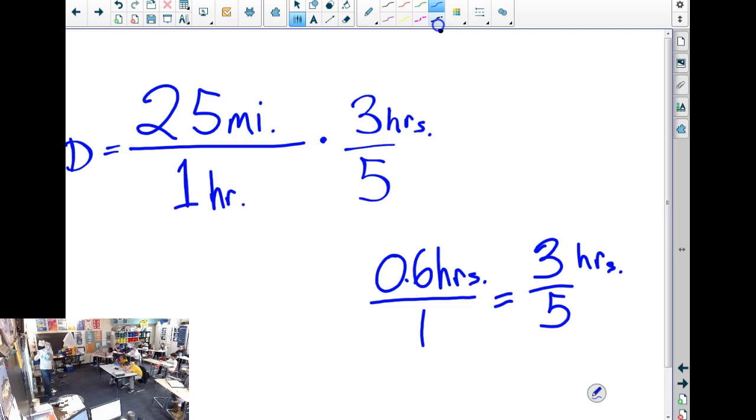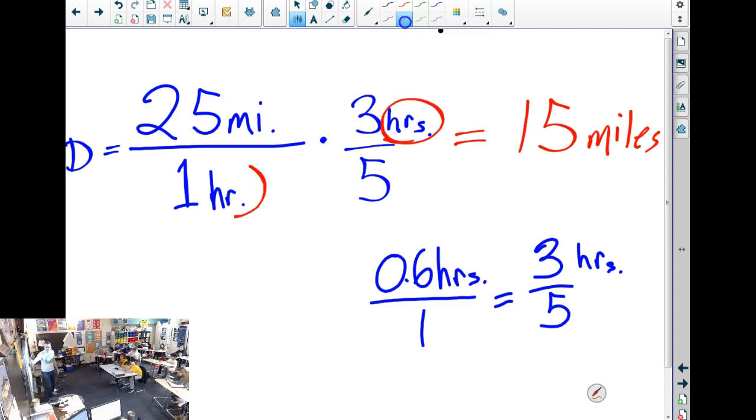So the answer we got, what'd you say it was, Riley? 15 what? 15 miles, because if there's a label in the numerator and a label in the denominator, they reduce each other out.